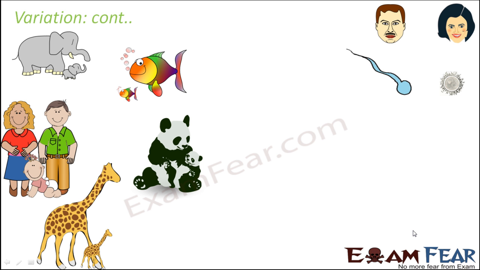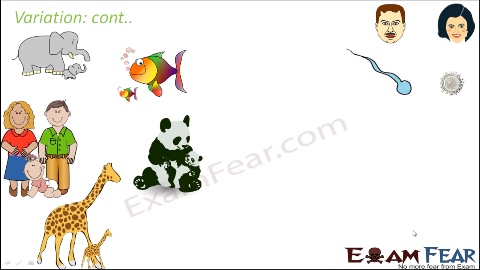There might be certain changes, maybe in the shape of the ears or the trunk. In a very similar way, in human beings, each one of us might resemble one of our parents, or we might have certain traits which we have inherited from them. But at the same time, we also have quite a few new characters, and those new characters are variation. So from where does this variation come into the picture?